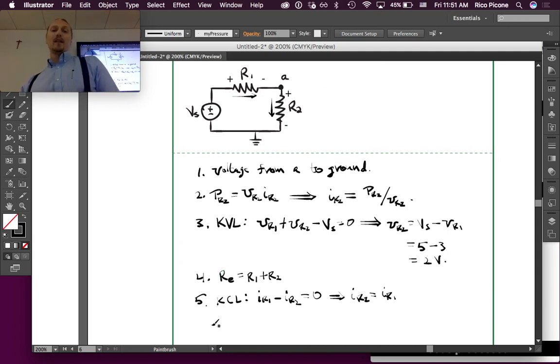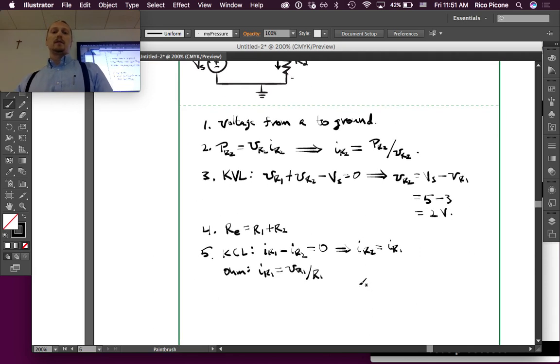So from Ohm, we know that IR1 is equal to VR1, which we know, divided by R1, right?